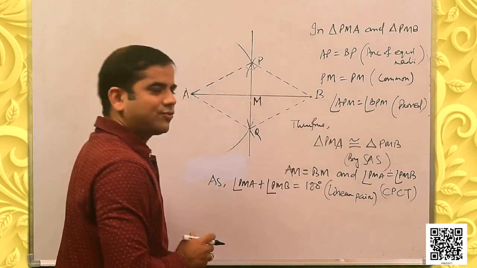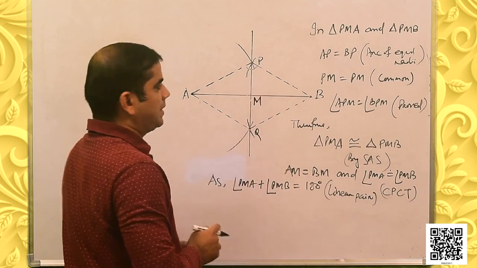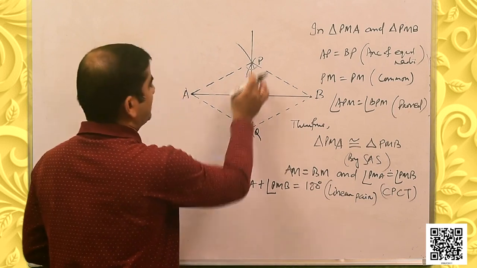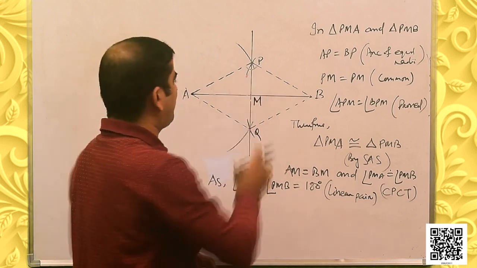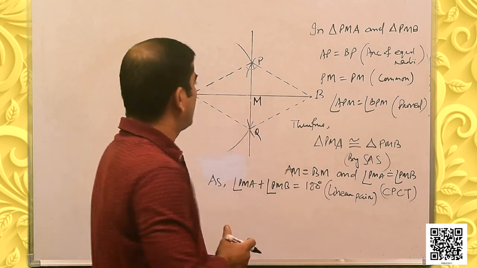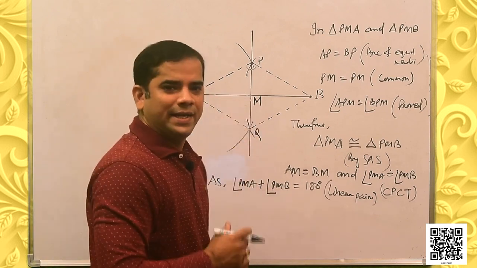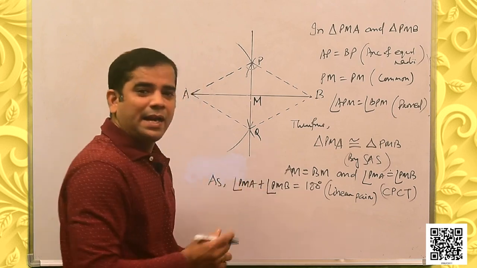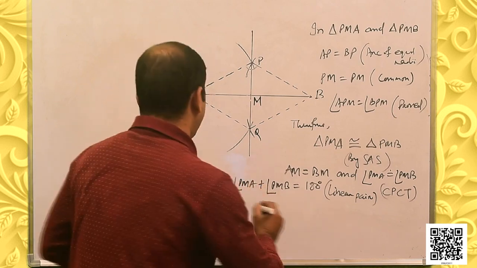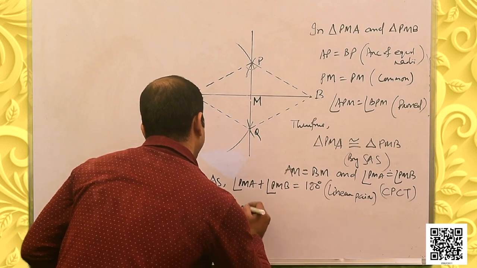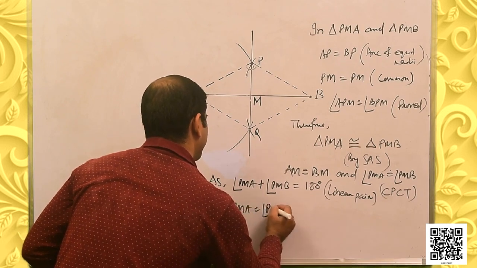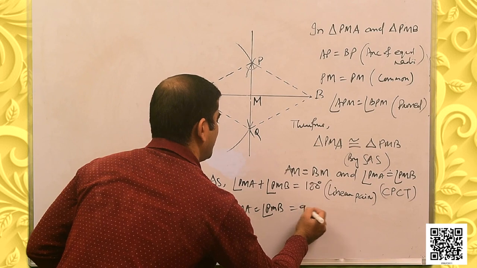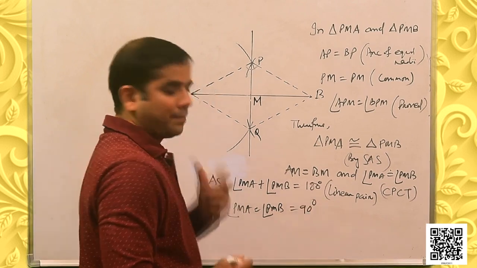AMB is a straight angle and PM is creating two angles PMA and PMB. That's why PMA and PMB are a linear pair. So, their sum is 180 degrees. Okay. So, now we get angle PMA is equal to angle PMB is equal to 90 degrees.